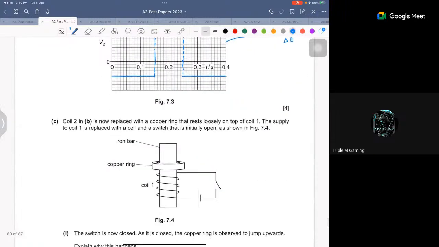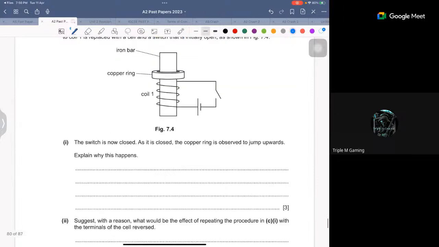It's very simple. Coil 2 is replaced with a loosely placed copper ring on top. The switch is now closed, and the copper ring is observed to jump upwards. Why does this happen? That's pretty easy. When the switch is closed, coil 1 produces a magnetic field.